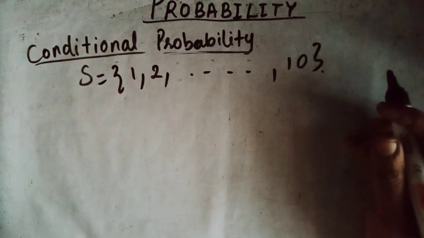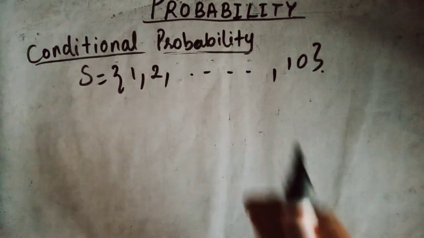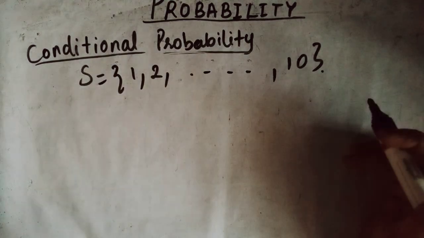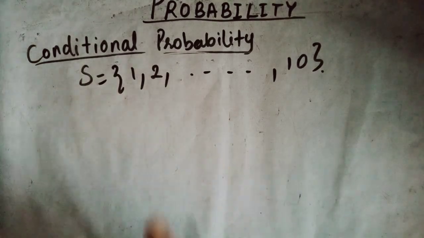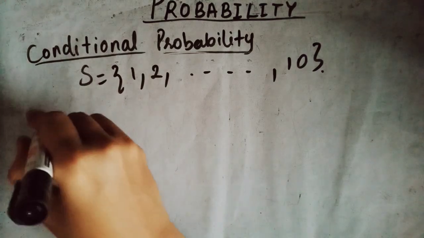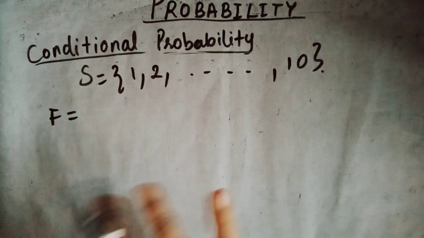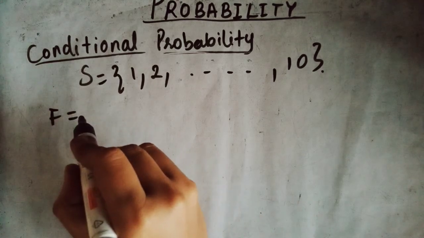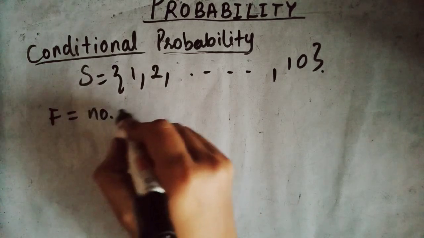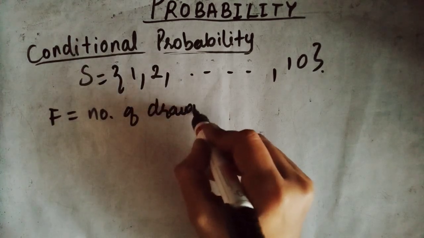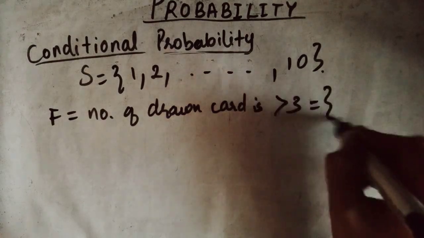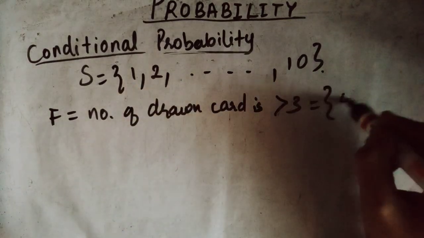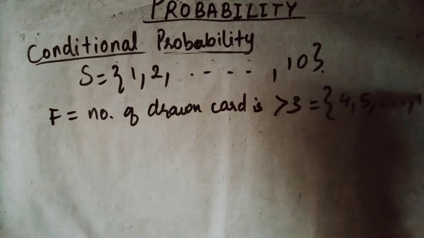It is known that the number on the drawn card is more than 3. This means this event has already occurred, so F is the event which has already occurred. The number on the drawn card is more than 3, so you can write 4, 5 till 10.